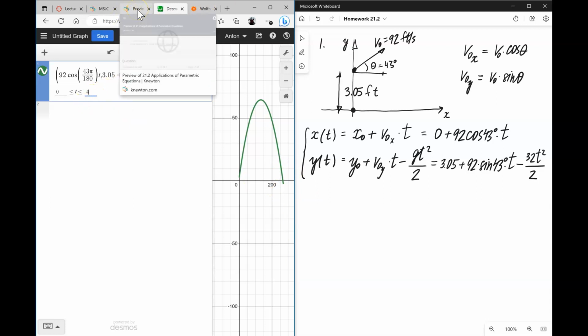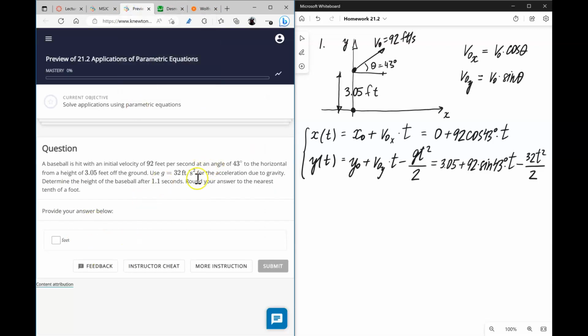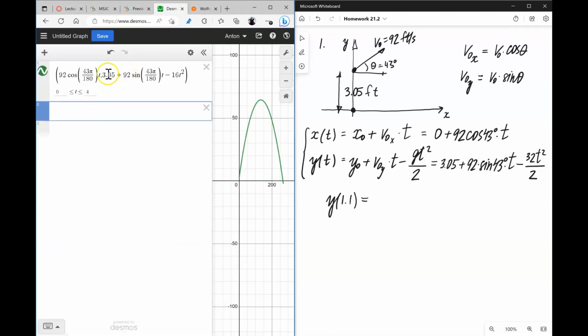So this is the trajectory of this baseball, but the question here is asking us to find the height of the baseball after 1.1 second. The only thing we have to compute here is y evaluated at 1.1, and that should be pretty easy, right? Actually, if you want to see the ball, let's do this real quick.